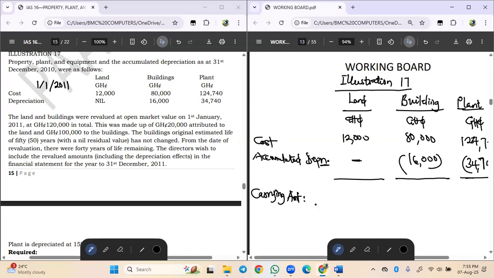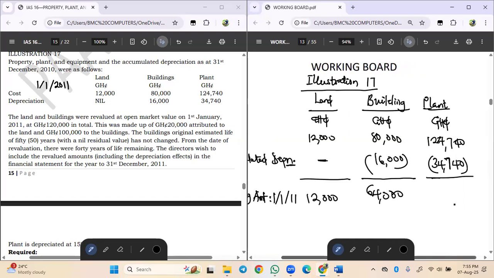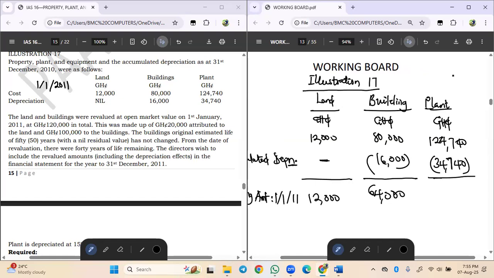So this kind of amount, as I said, it can also be seen as 1st January 2011. So this one will be 120,000, and this one will be 64,000. What about this one? 90,000. Yeah, 90,000.